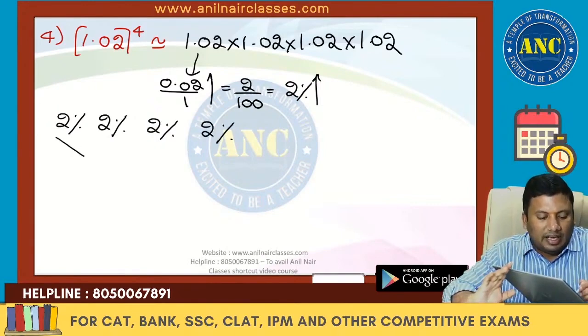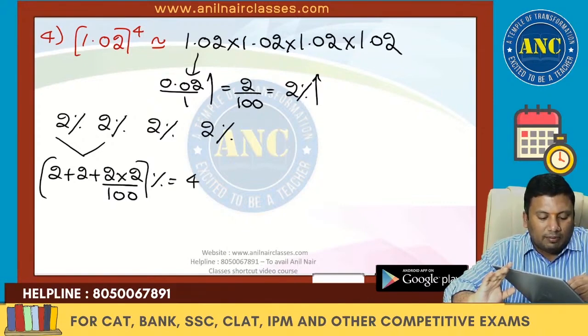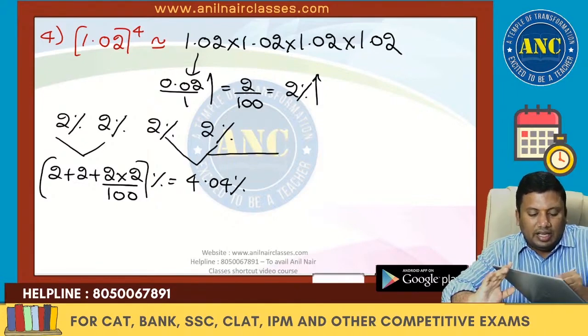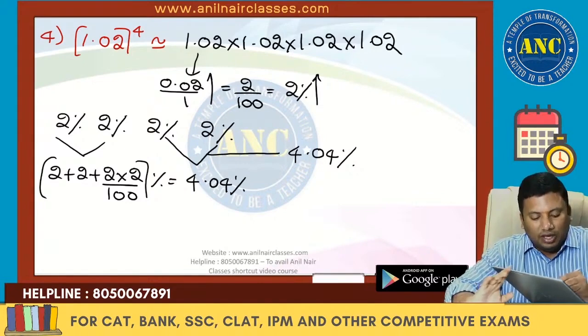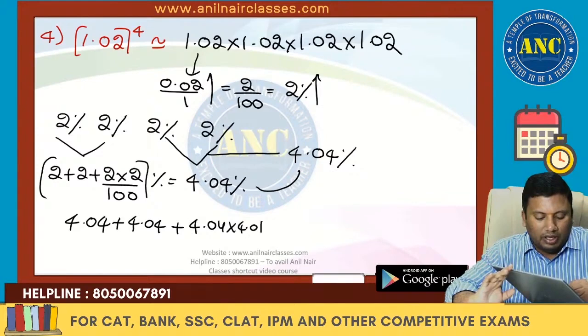So if I take this value, it is nothing but a plus b plus a into b by 100 percentage. This is nothing but 4.04 percentage. If I take this both, same 4.04 percentage. So 4.04 plus 4.04 plus 4.04 into 4.04, divided by 100.